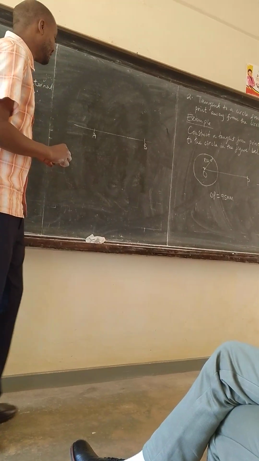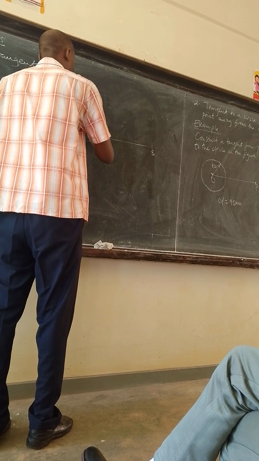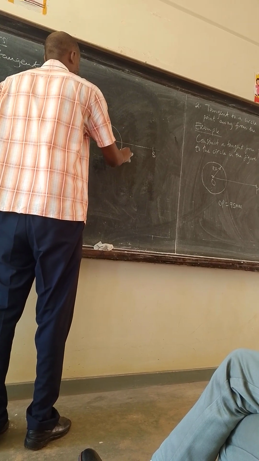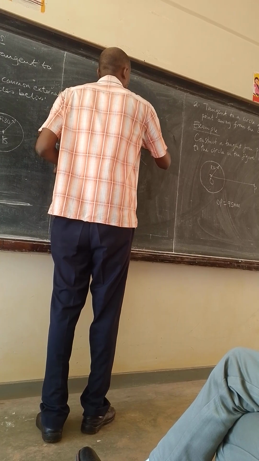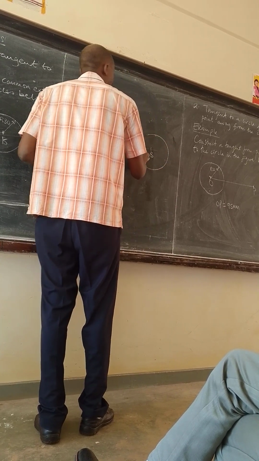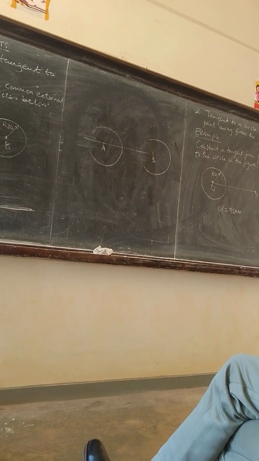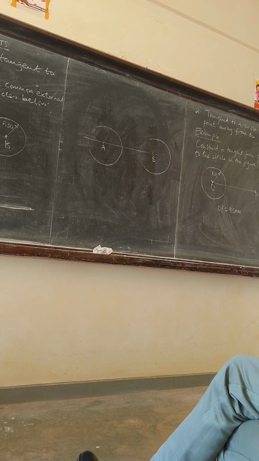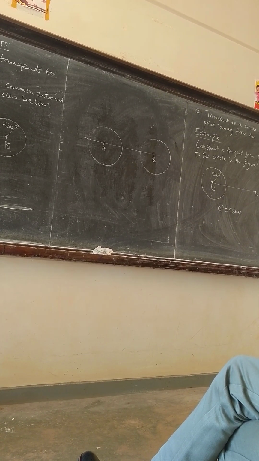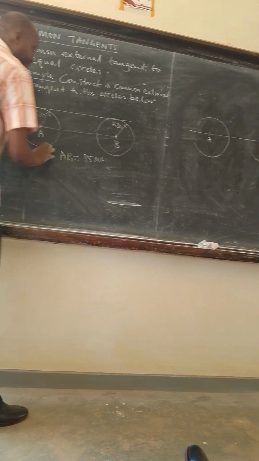After drawing the line, you can now put in the two circles. Using center A, first circle, using center B, then another circle. Now you are already imagining there is a line, because when you say external, it's starting from the same side of the circle, either up or down.